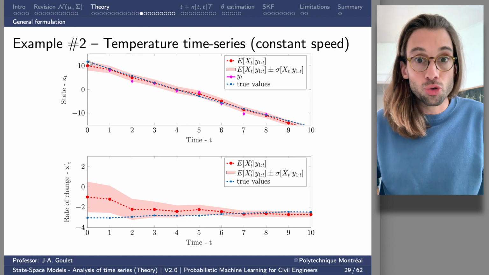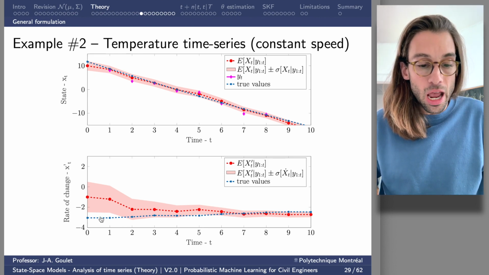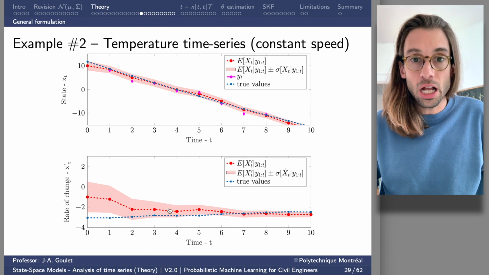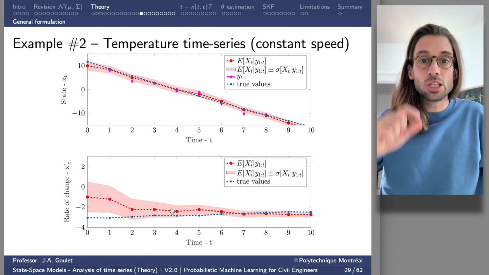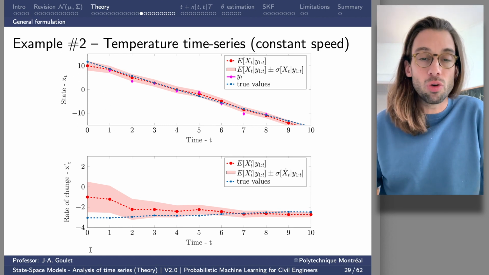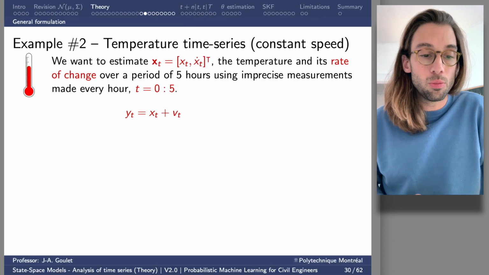So we see that the truth is the blue line. Our estimation is again represented by the red dots, which represent our expected value, as well as the red confidence region for both the temperature and its rate of change, so the speed of the temperature change.